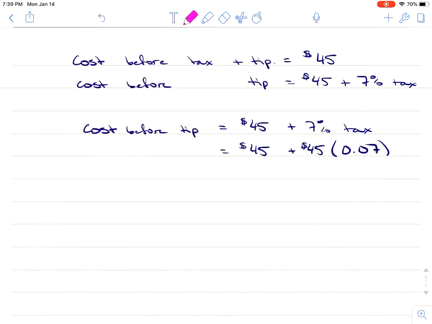I'll make a note here. This is the amount of tax. We pay tax on the $45, and the amount of tax, we just take the amount that we're paying taxes on and then multiply it by however much the tax is worth.